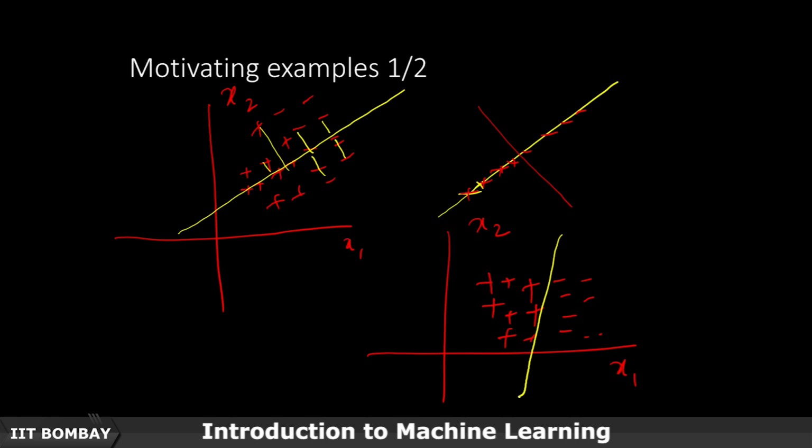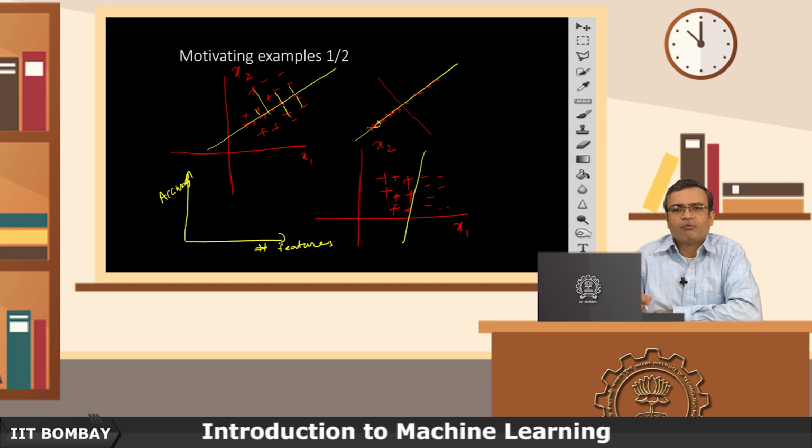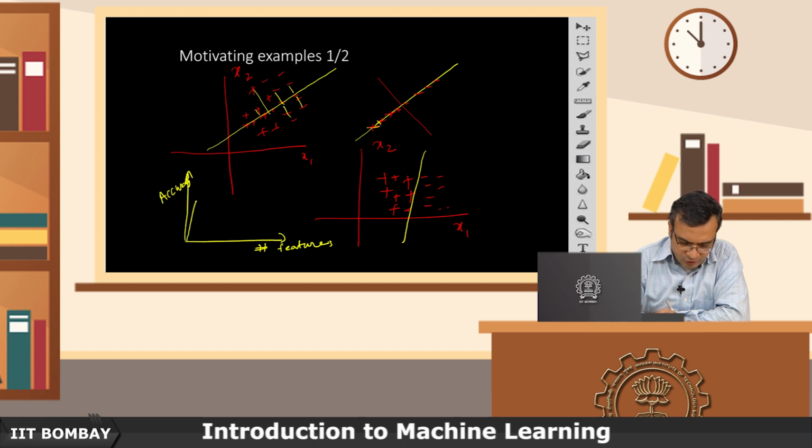In general, if we look at a graph of number of features against accuracy or some performance metric, what we find is that if we have very few features, obviously we won't have good accuracy because we haven't captured all the information.